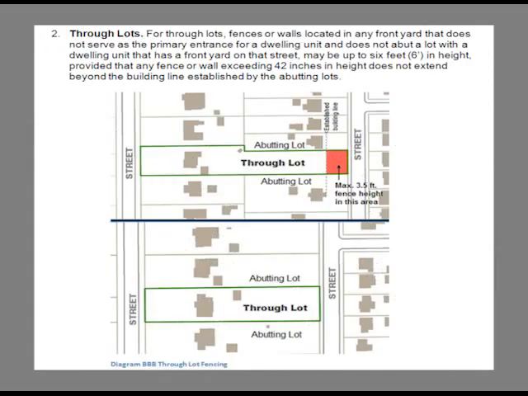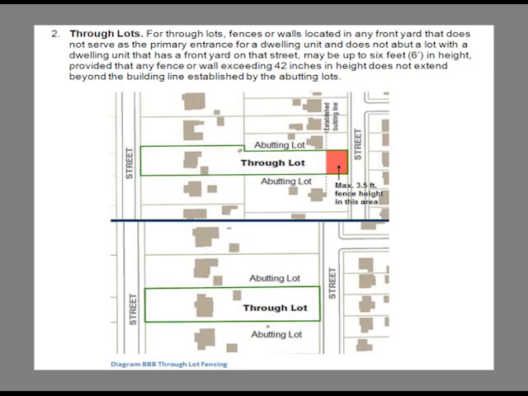An additional change in the fence regulations deals with those atypical instances that you see displayed. That's a case where a lot actually goes through to two different streets. It has frontage on two different streets.